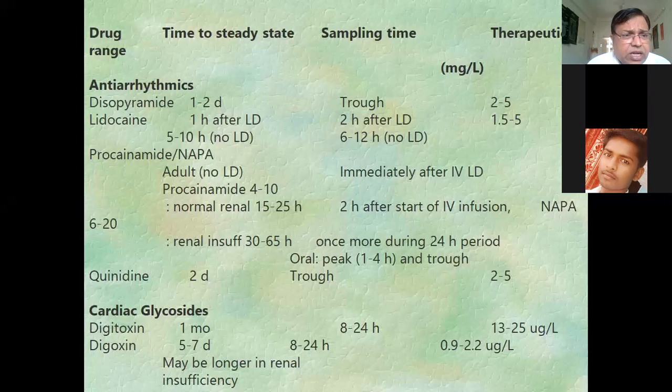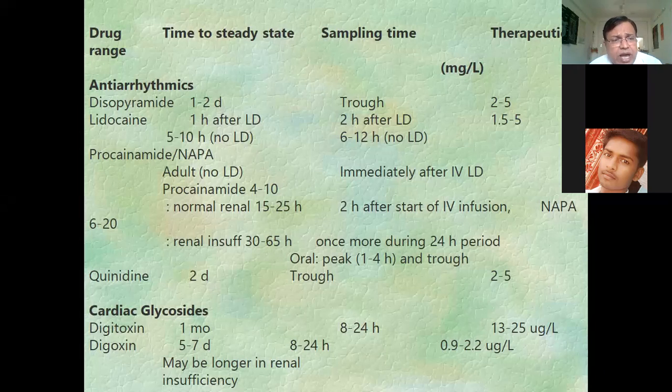Now, the next class of drug is anti-arrhythmic: disopyramide, lidocaine, procainamide, quinidine. Quinidine is a very well-known anti-arrhythmic drug. Cardiac glycosides like digitoxin and digoxin.